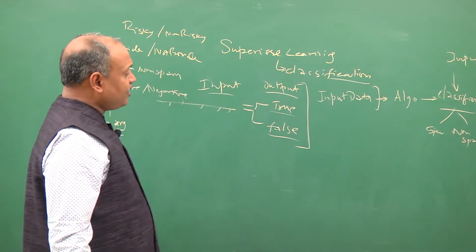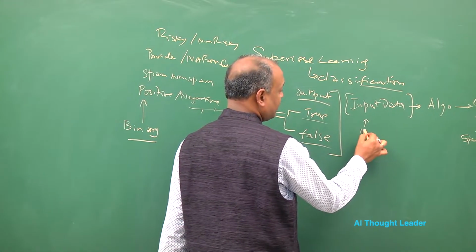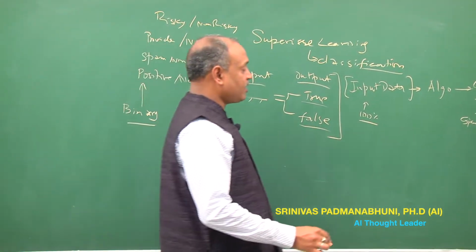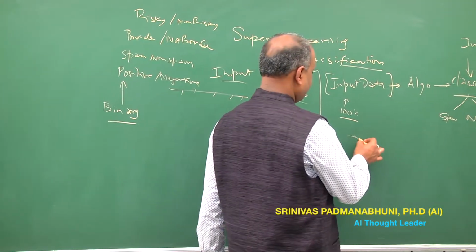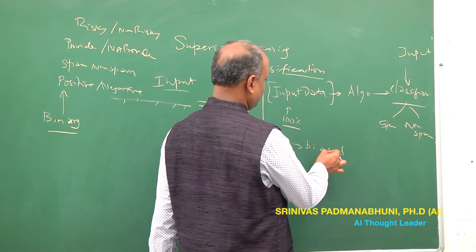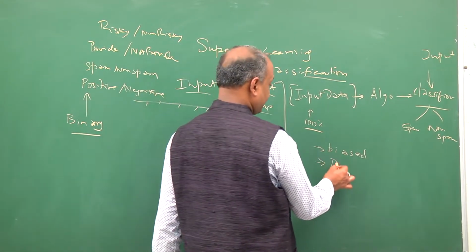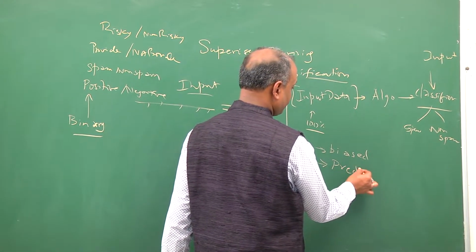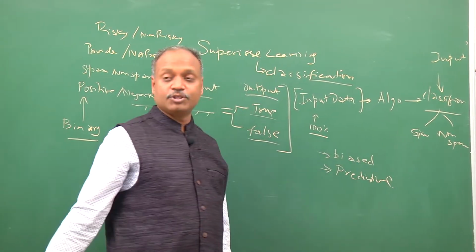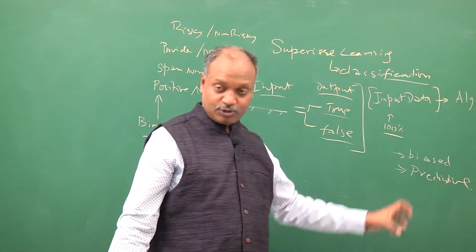But the problem with such an approach, where you take the entire input data as the source of input for your classifier, is that it is highly biased towards your input data. It is possible that it has less predictive power for future data which may not conform to the distributions of the input data which was fed into it.